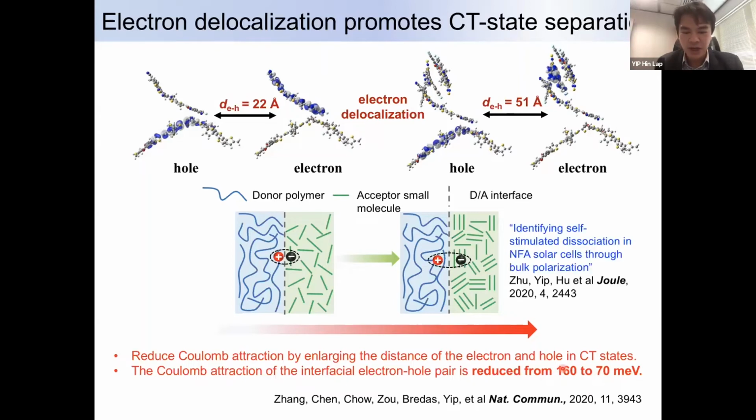Okay, so this is good, right? Now we understand this very good packing of the non-fullerene acceptor, and their very nice exciton and charge transport properties allow us to very efficiently dissociate the charges. So this actually gives us some guideline to design a new generation of molecules.